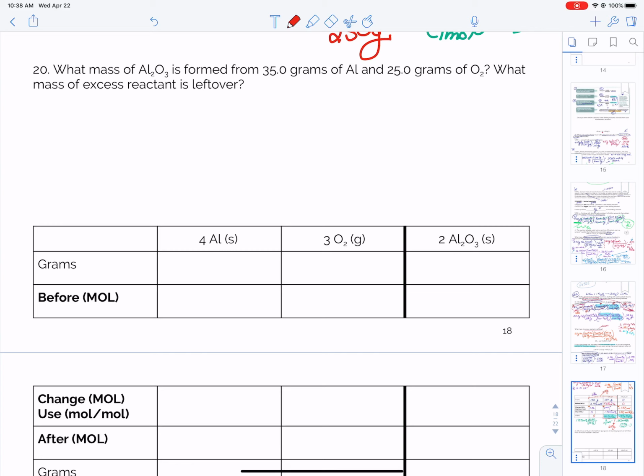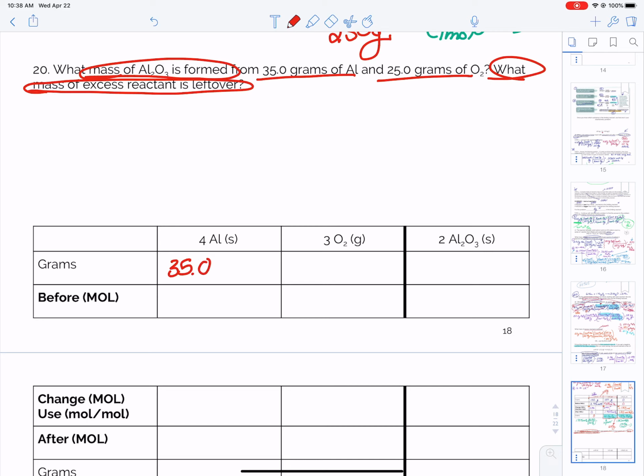And then again, another question, what mass of excess reactant is left over? Right, so start from the beginning. I'm going to start with 35.0 grams of aluminum, and I'm going to start with 25.0 grams of oxygen. And of course, I start with no product.